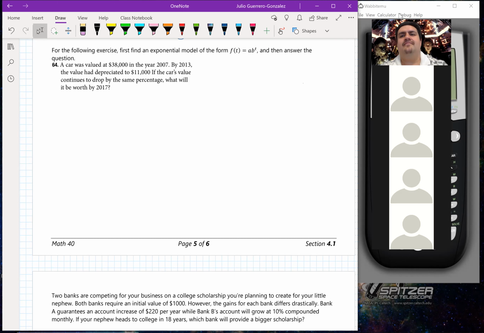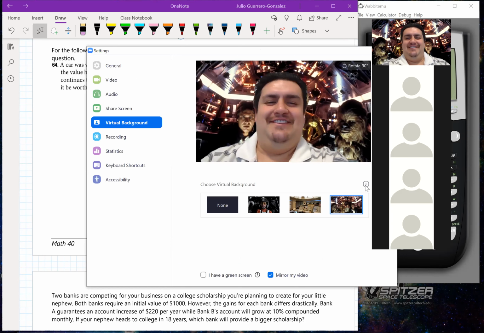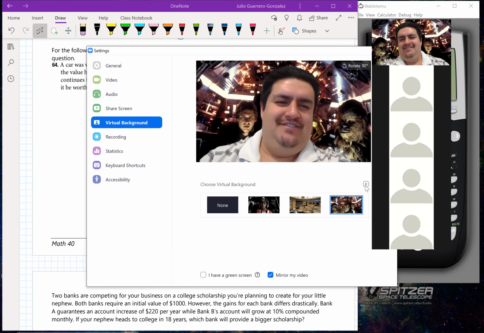Okay, let's see here. I'm gonna play around with the background. I'm not kidding, I had downloaded a bunch of them. Yeah, those are pretty cool. Got Chewy on this one, I see. So where did you go to download them online? I went online and just Googled them. I just said like enterprise. And you had to save them into Zoom, or you save them on your computer? On my computer.